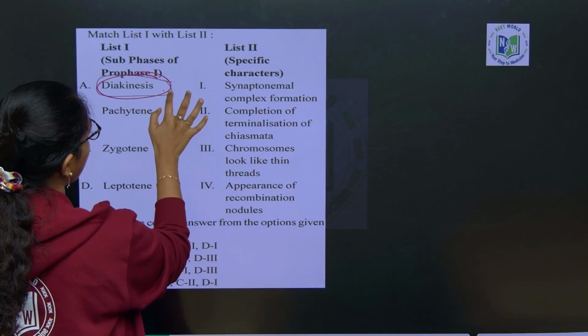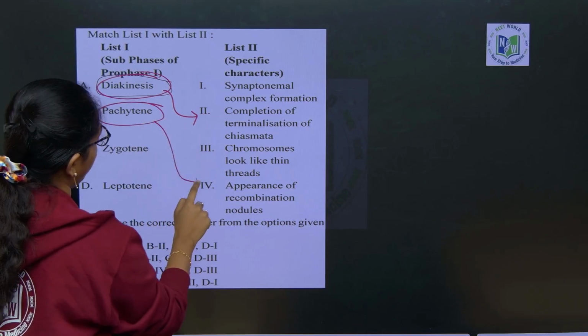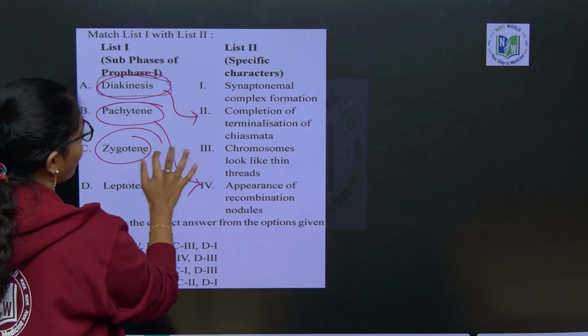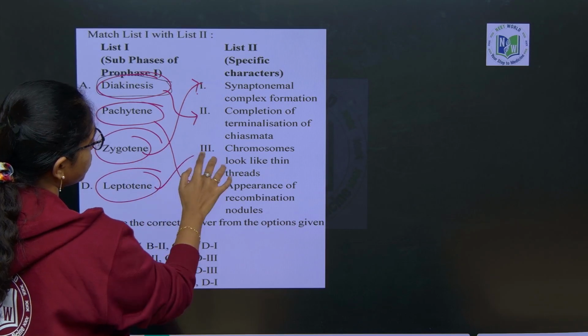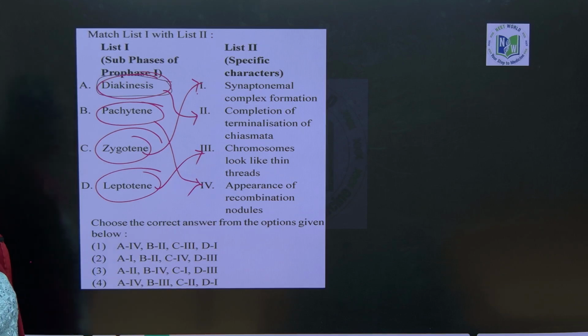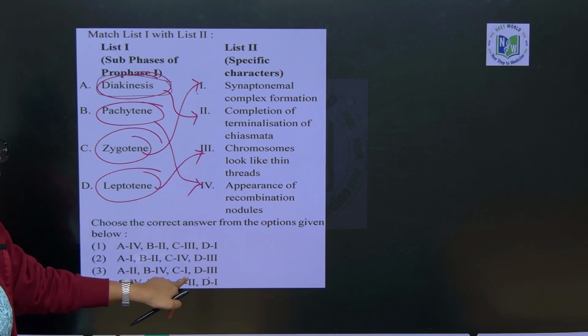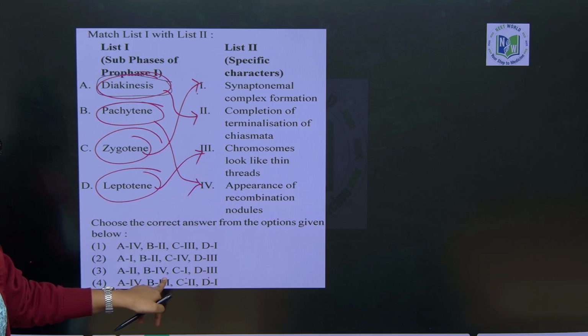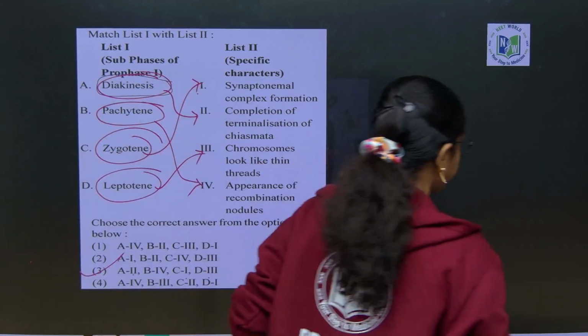Completion of terminalization of chiasmata. Pachytene, recombination nodules. Zygotene, synaptonemal complex formation. Leptotene, chromosomes will look like thin threads. So D is 3, C is 1, B is 4 and A is 2. Option 3 is the correct answer.